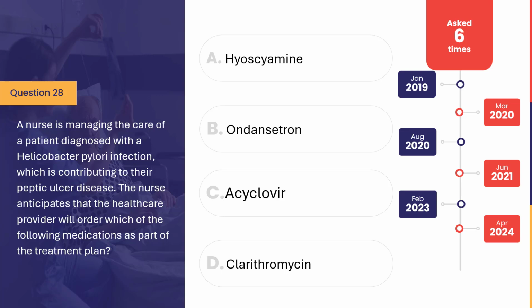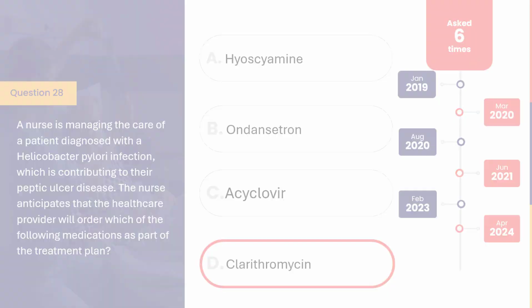Clarithromycin. D is correct. Clarithromycin, an antibiotic, is one of the first-line treatments for Helicobacter pylori infections, typically prescribed as part of combination therapy that includes another antibiotic, such as amoxicillin or metronidazole, and a proton pump inhibitor, like omeprazole or pantoprazole.